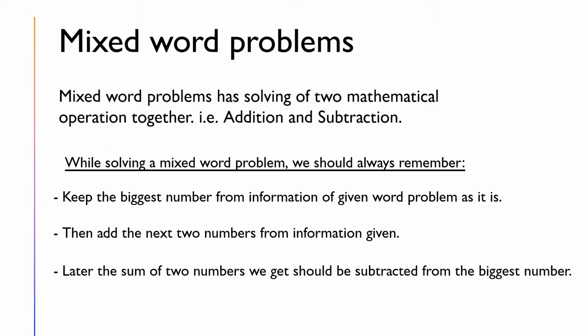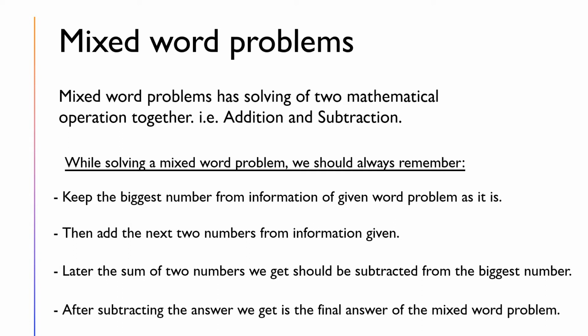Later, the sum of the two numbers we get should be subtracted from the biggest number. After subtracting, the answer we get is the final answer of the mixed word problem. So students, let us understand more by solving examples.